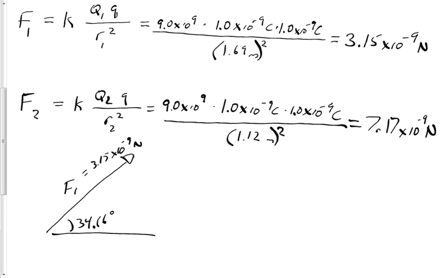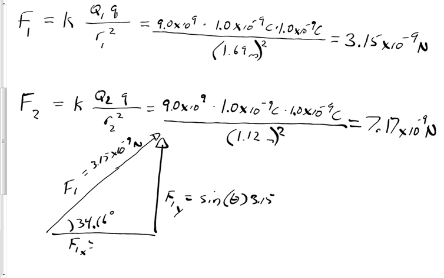And I'm going to find the force 1 in the x component, and let me extend this a little bit, and the force 1 in the y component. So I'm going to say that the y component is going to be equal to sine theta times the hypotenuse, which is the 3.15 times 10 to the negative 9th newtons, and that will give me the y component.